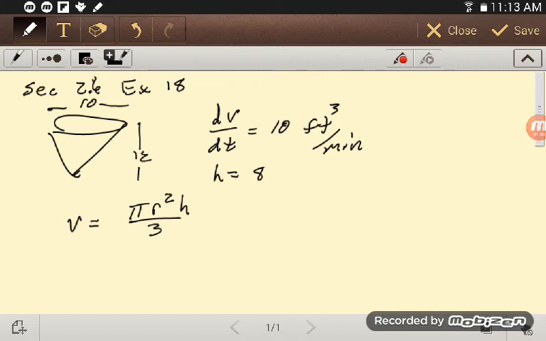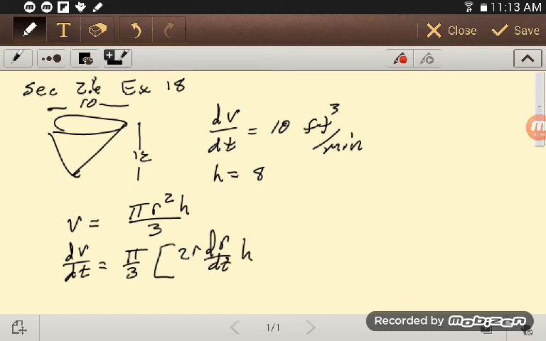And so if I want to look at dV/dt, that's pi over 3, times the derivative of r squared, which is 2r, but remember it's r of t, so dr/dt, times h, plus r squared times dh/dt. And it is dh/dt that we want to know.